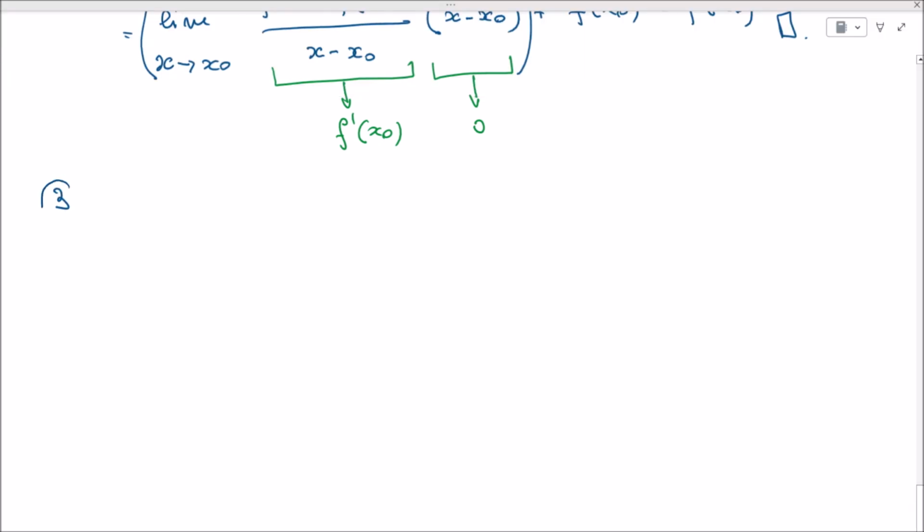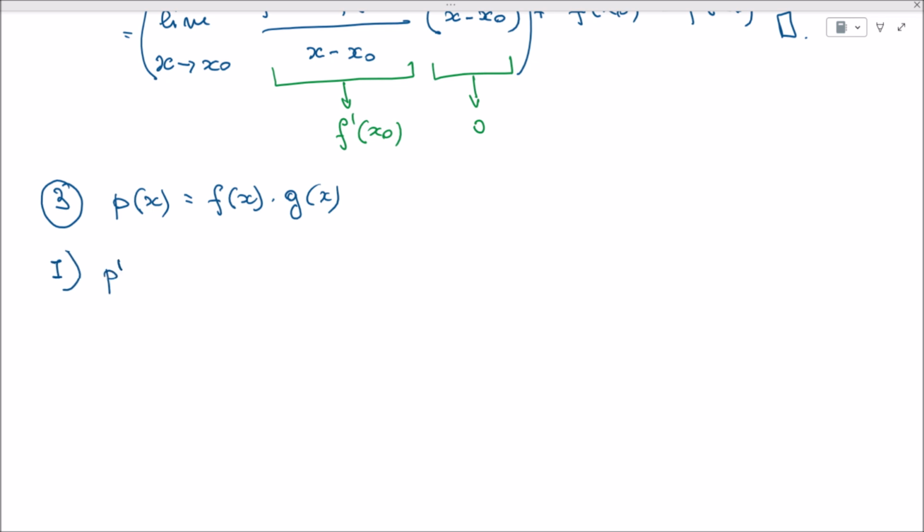prove theorem 3. Okay, theorem 3 is the one that says the product. Okay, so let's call the product p of x equal to f of x times g of x. Right, so let's take the approach 1, the one that uses just the definition of derivative.